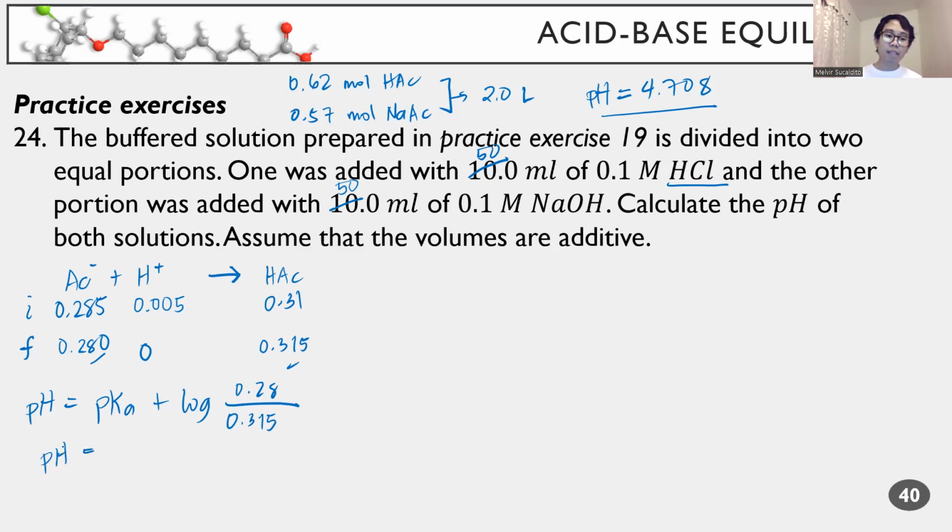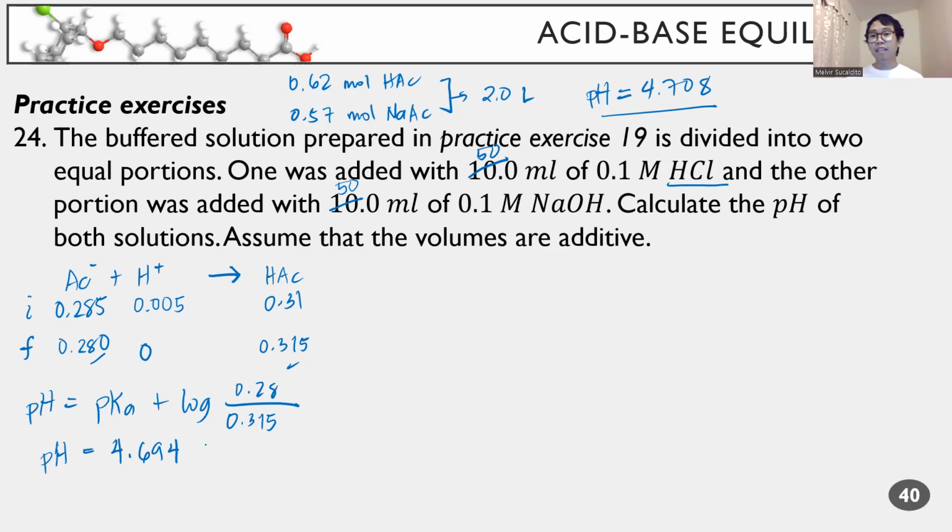So pH then for this mixture is equal to pKa, which is not given because I assume you must know it, 4.744 plus log 0.28 over 0.315. 4.693. So it's 4.694 or 3. So 3 or 4, it's fine.